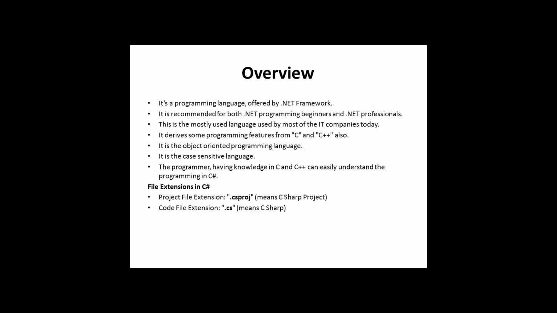So if you create any project, it may be a console application, Windows application, web application, we can call it project or application. Then the file extension for that project is .csproj, means C Sharp project. And whatever code file we write, that has the extension .cs, means C Sharp.